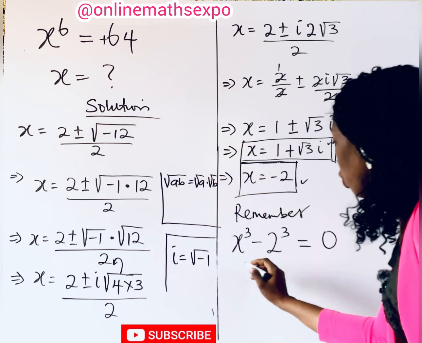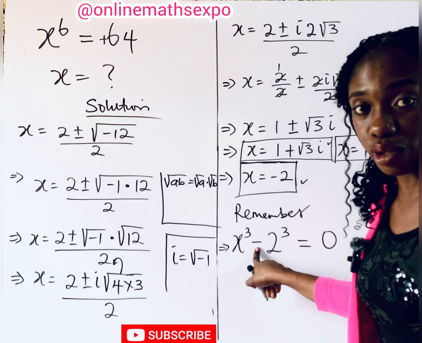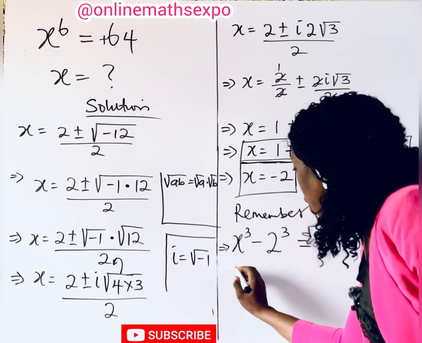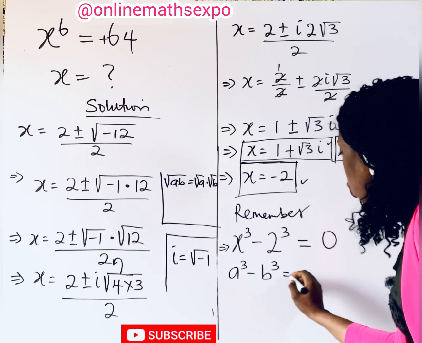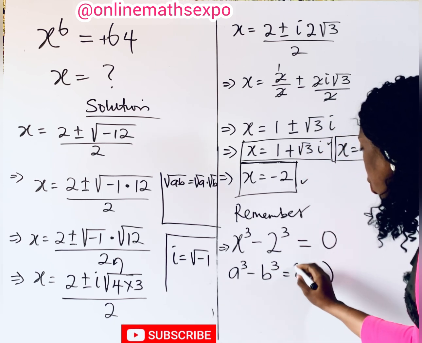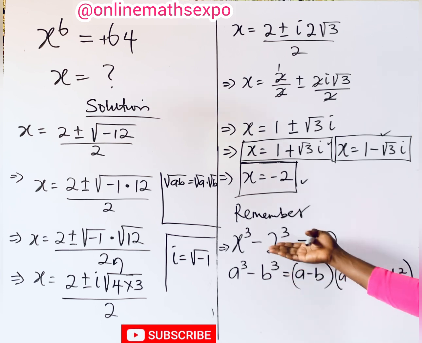To do it, we remember that this is now leading us to the difference of two cubes. So we remember the formula for it, which is a cubed minus b cubed is equal to a minus b, in bracket, into a squared plus ab plus b squared. Now let's apply this here.